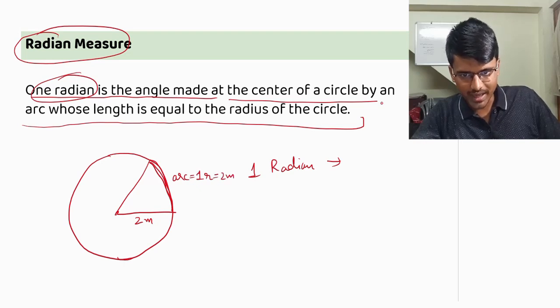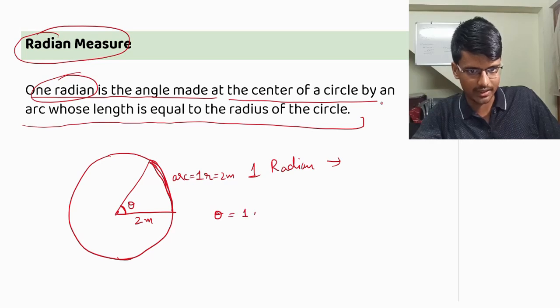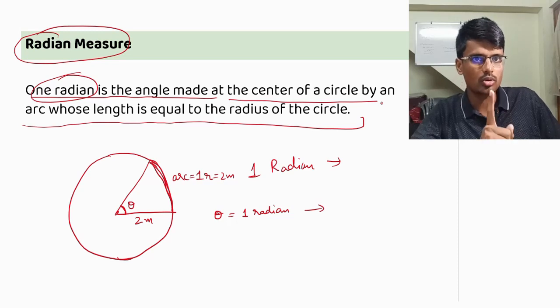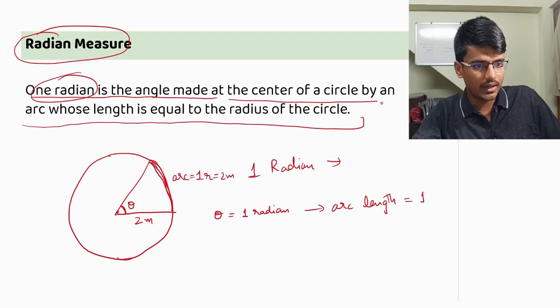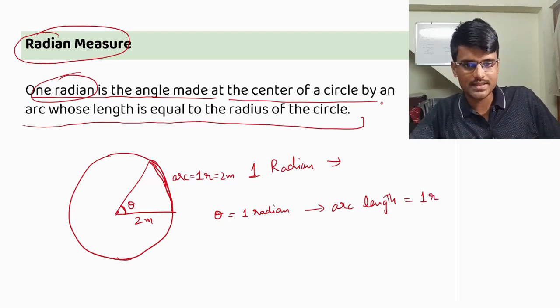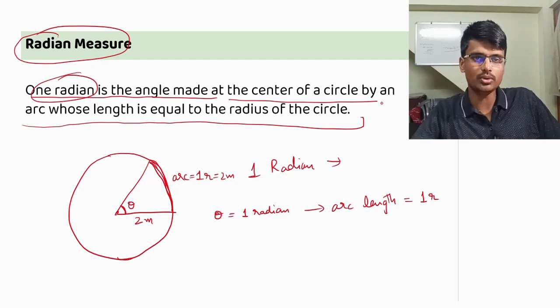So whatever the angle this arc makes here, let us call this theta, that is 1 radian, this theta is equal to 1 radian, because the arc length is equal to the length of the radius, because arc length is equal to 1 r. Just try to understand. This arc length is equal to the length of the radius.